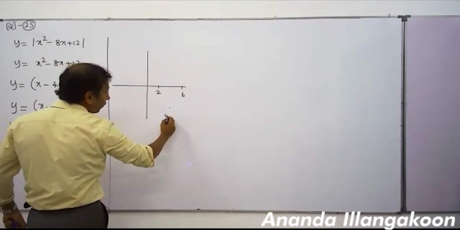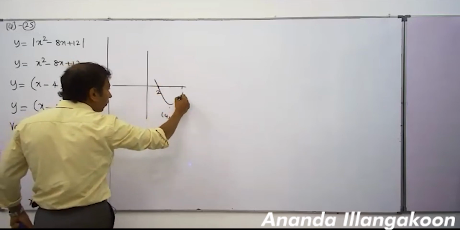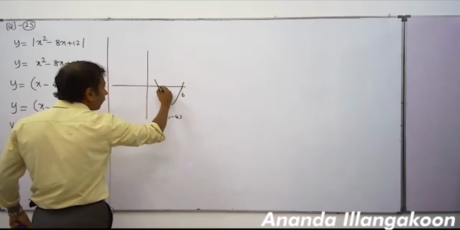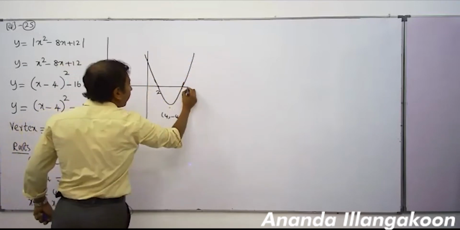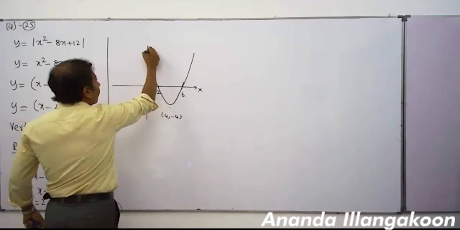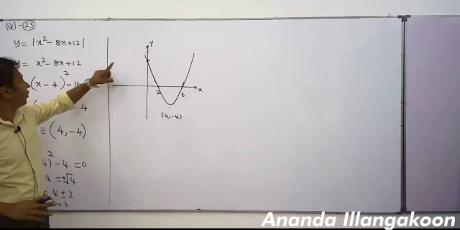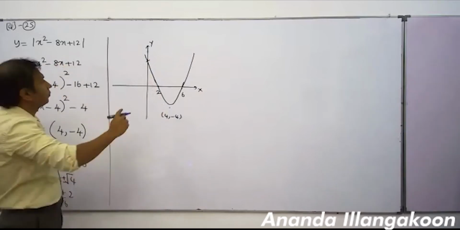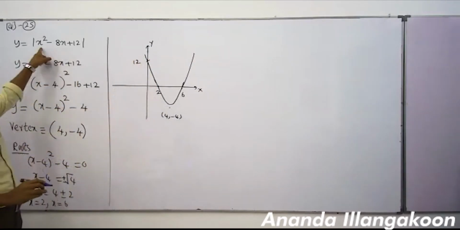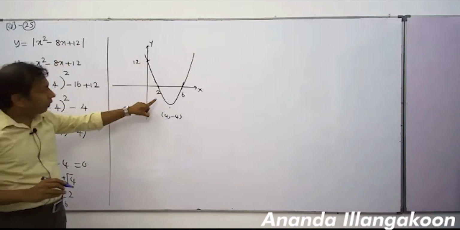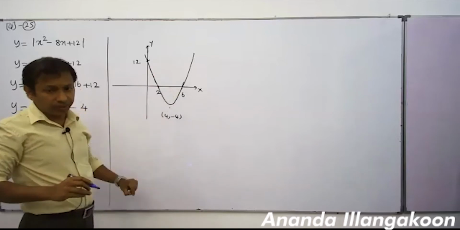Minus 4 is here. Now a rough sketch here we have, people. Right. This point is put x 0, y 12. This is a graph of this. We need its modulus. Then we have to take the mirror image of the middle part through the x-axis. Right. That graph will draw.